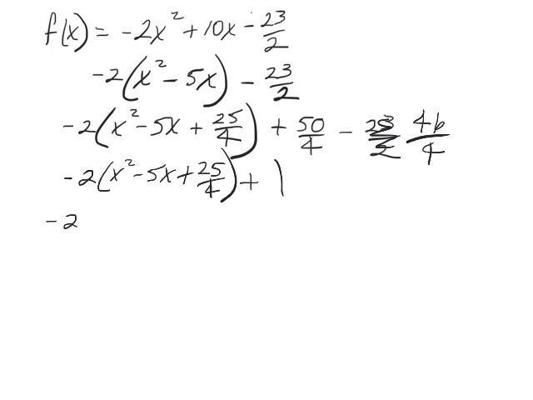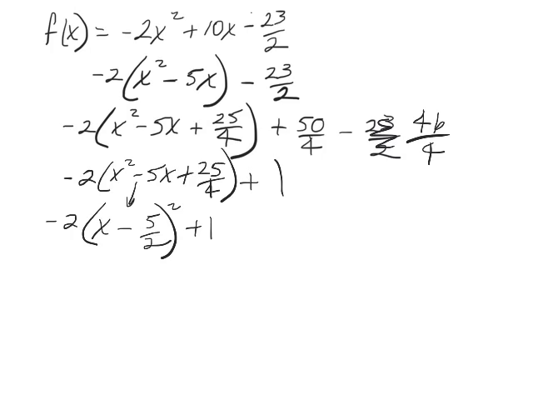So then we've got -2 times x minus 5 halves, that's squared, plus 1. Okay, so from there we can find the vertex, and the vertex is going to be 5 halves and 1.